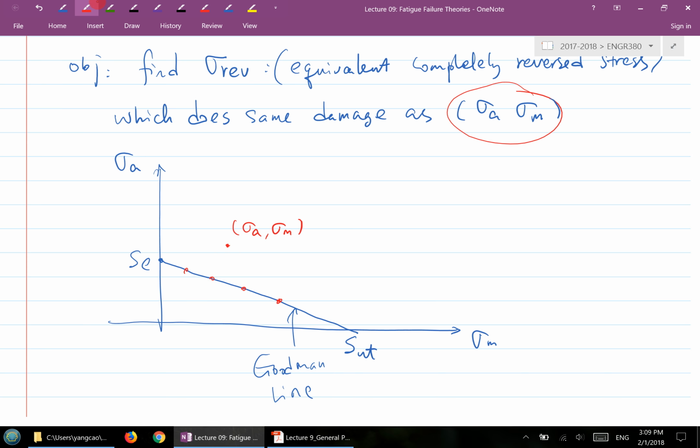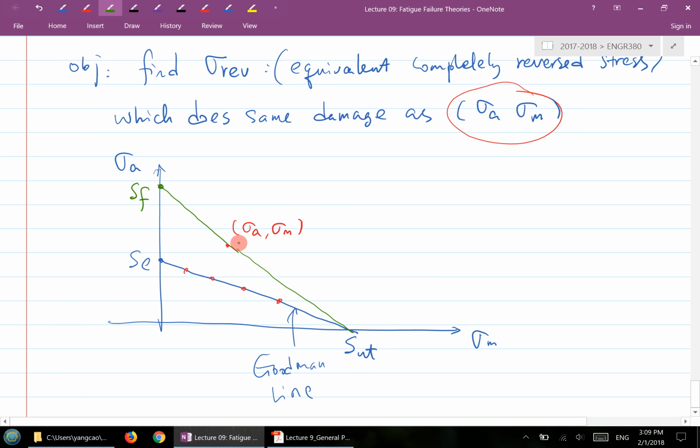I will create a line passing through this current state of stress and connecting to SUT. This is basically the similar way of constructing the modified Goodman line. So you create a line like this, and this side here is called SF.